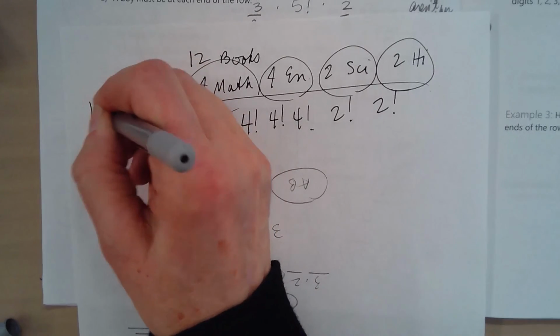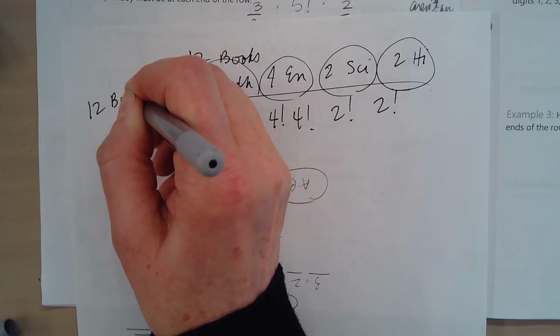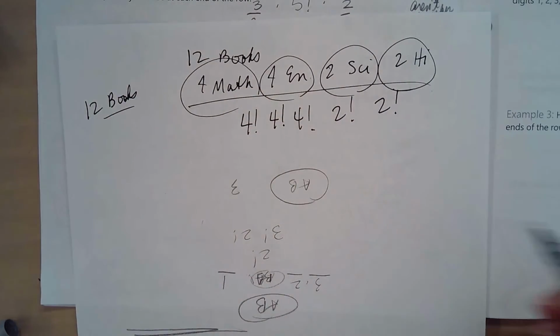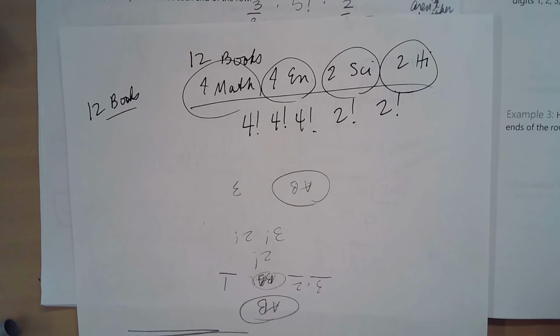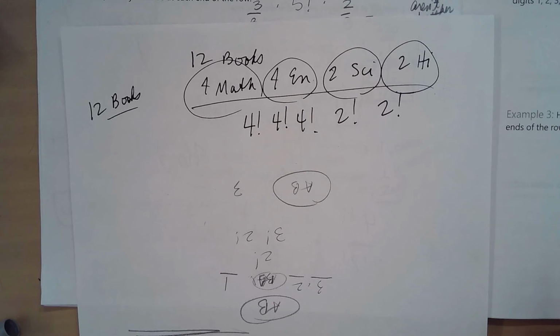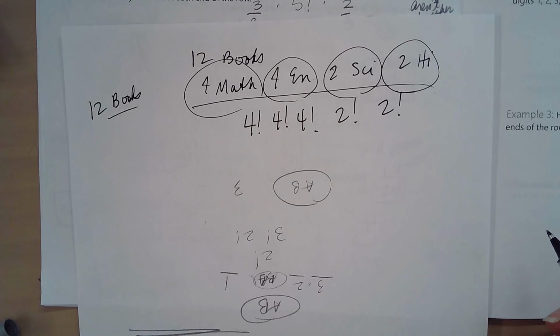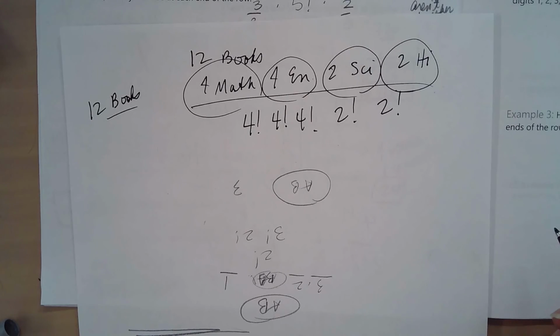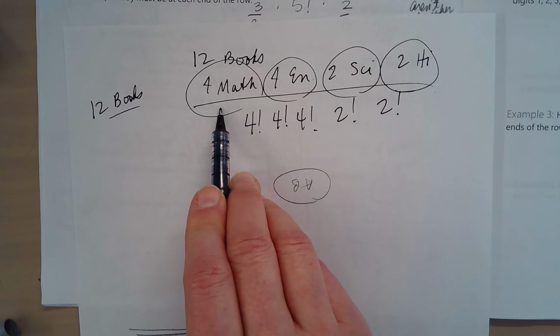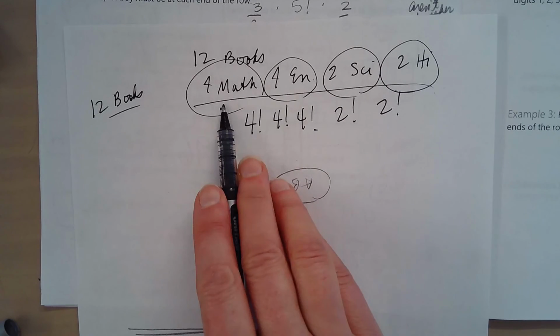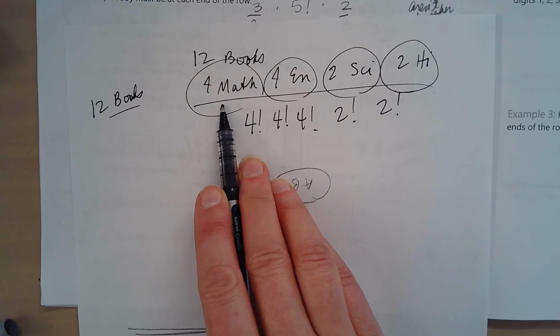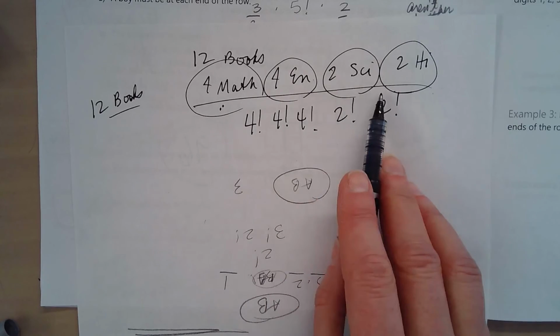So now you have 12 books. Same deal. How many ways if the math books have to be together? Only the math books have to be together. There's 4 of them. 4 for the math. Okay, so how many books do I have?